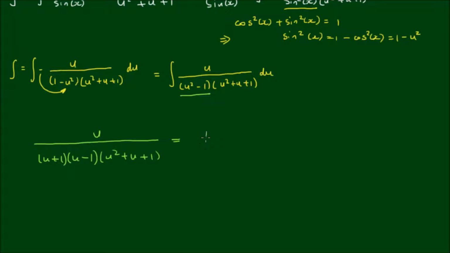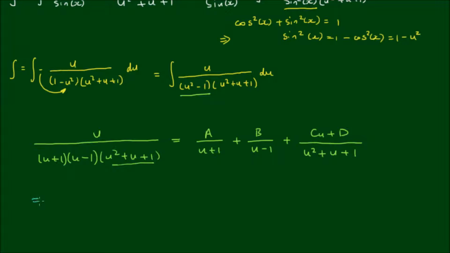So I can write this as a constant a divided by u plus 1 plus a constant b divided by u minus 1 plus c times u plus d, and the reason why I have a linear factor at the top is because the polynomial here is of degree 2, so the numerator is always 1 degree lower than the denominator, so it's cu plus d on u squared plus u plus 1.